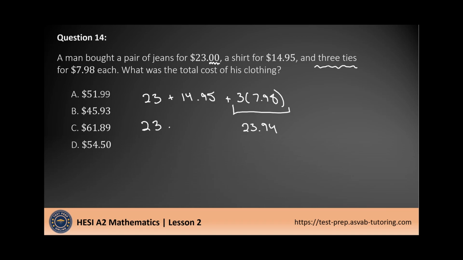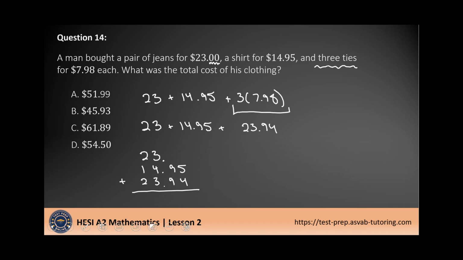So we have 23 plus 14.95 plus 23.94. Now we'll line up our decimals and add. So we have 23, right? The decimal would be here, but there's nothing to the right. Then we have 14.95 and 23.94.